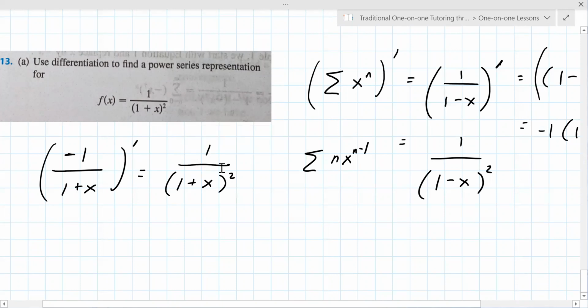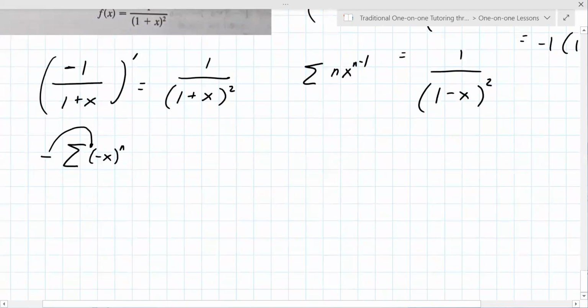Okay. So, what is the power series for this thing on the left? Well, it's negative sigma of (minus x) to the n. You can bring this negative inside here, so it's sigma (minus x) to the n, and then you can just take a derivative of this.